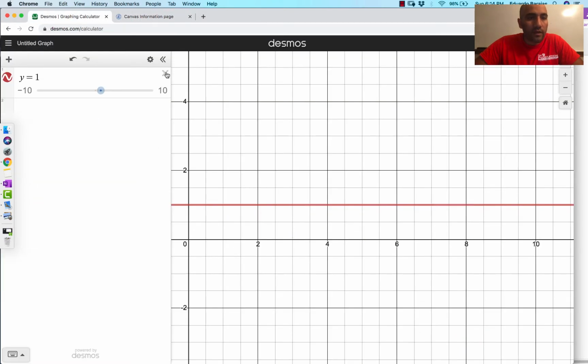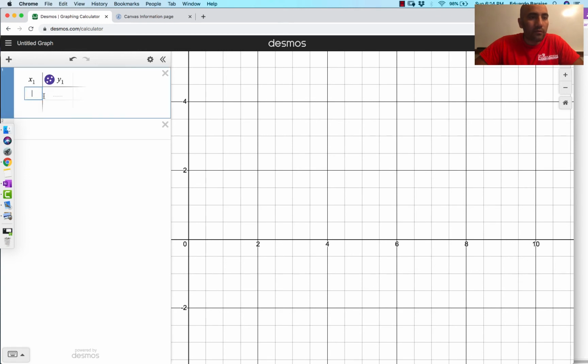Okay, so first of all, let me go over to Desmos, and let's get rid of that, and let's get rid of that, and we're going to add a new table, and let's make this n, and this guy is going to be equal to 7 to the power of (n plus 1), and then the whole thing gets divided by 10 to the power of n.